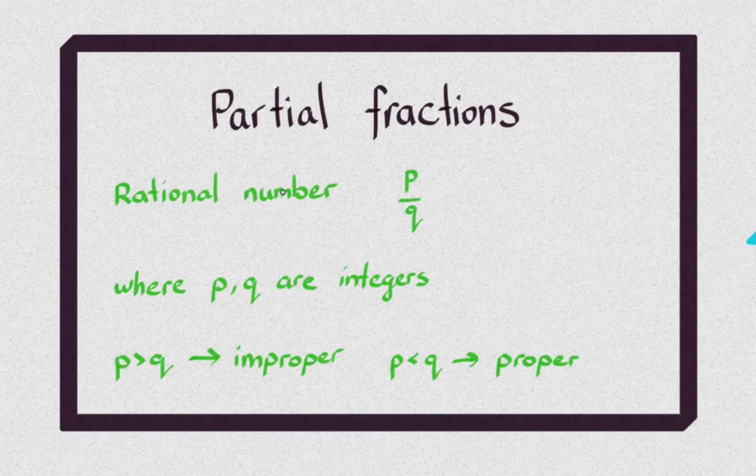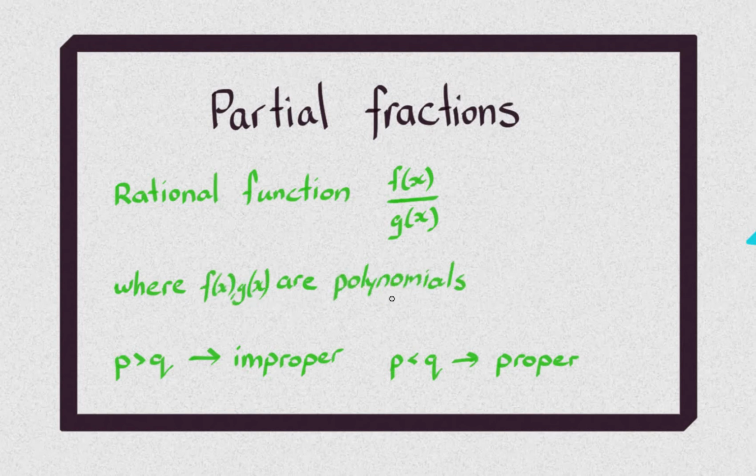So instead of a rational number, if we have a rational function, this is some function that is f of x over g of x, where f of x and g of x are polynomials. And then the same rules apply down here. If f of x is greater than g of x, then we have an improper function.